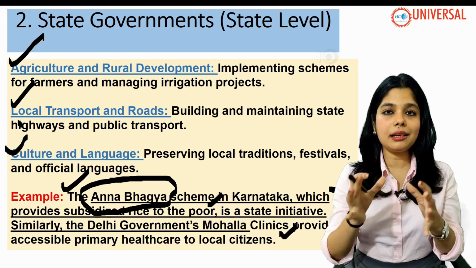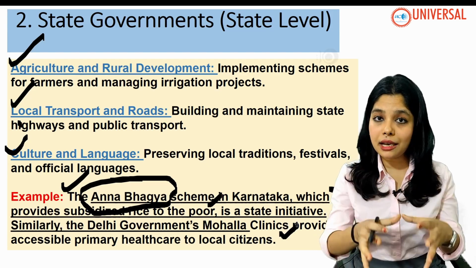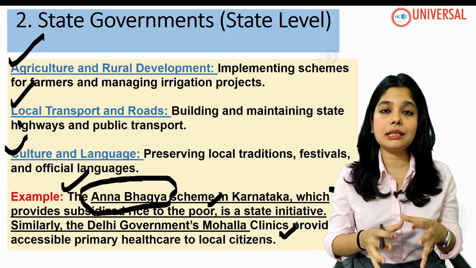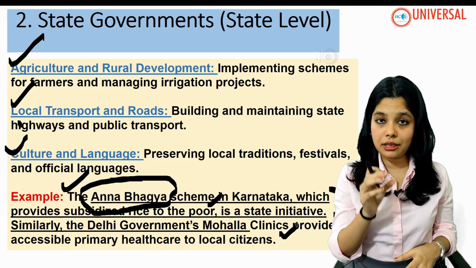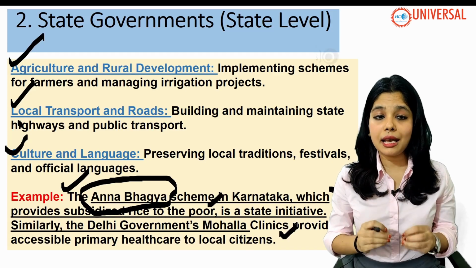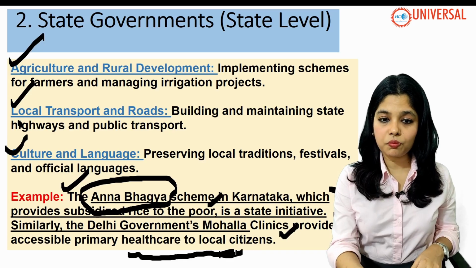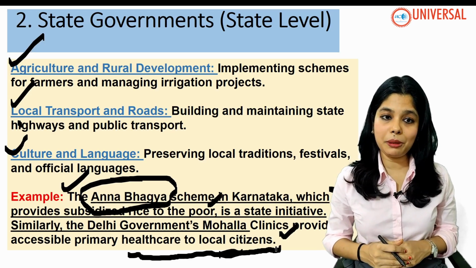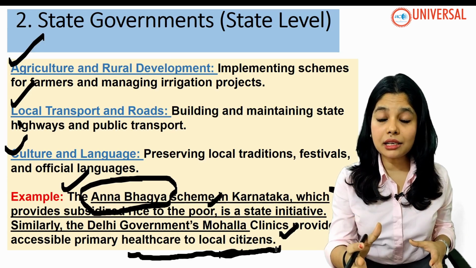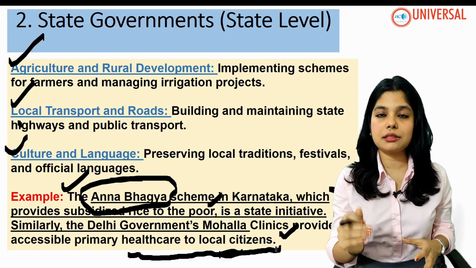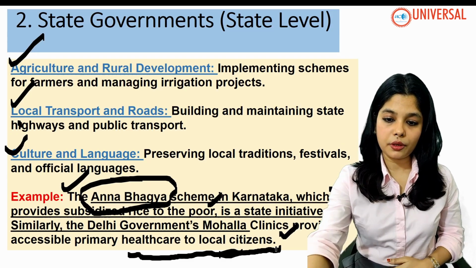You have Mohalla clinics which are managed and governed by the state government, by the Union Territory government of Delhi. They provide accessible primary healthcare to the local citizens. It's a very good thing for the local people because it gives you medical care at a very subsidized, very low rate.